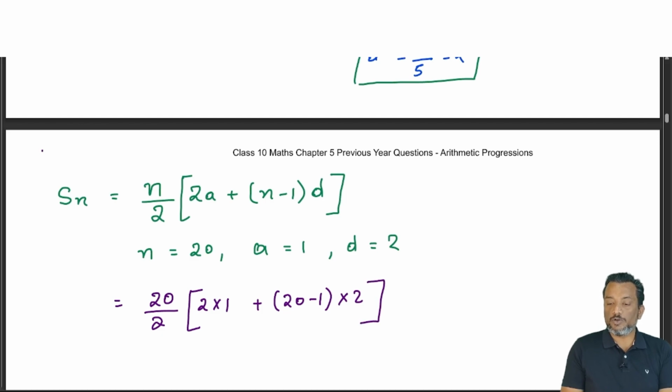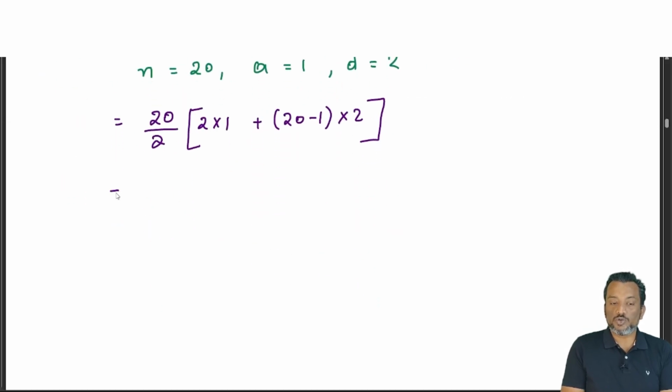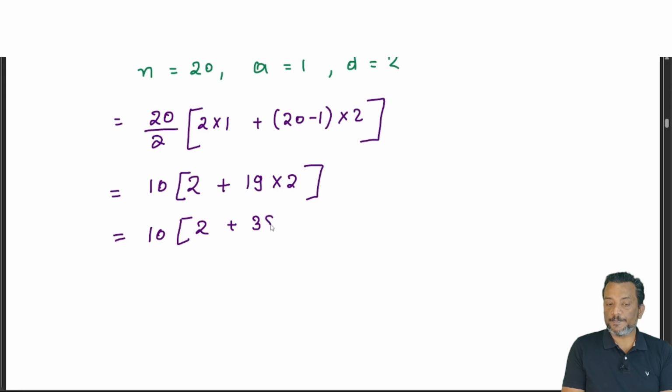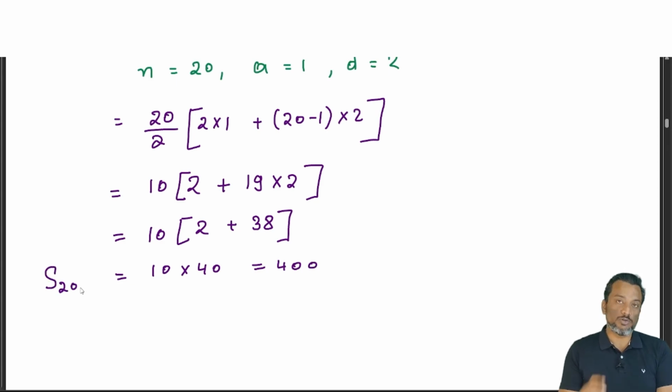Now you can solve this one. 20 by 2 you will get 10, and 2 times 1 is 2, plus 19 times 2. 19 times 2 is 38. So 2 plus 38 is 40. So 10 times 40 you will get 400. Which means the sum of the first 20 terms is equal to 400.